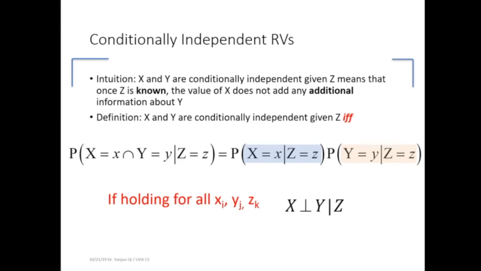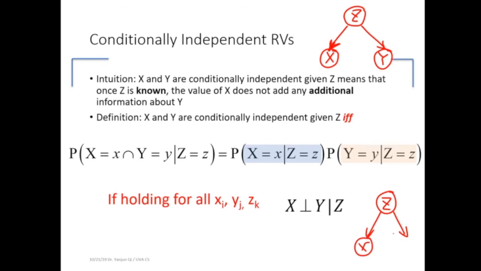You can write it more like a graph with the z variable. This relationship is completely reflected in this graph, where the z variable is the parent of x and y.